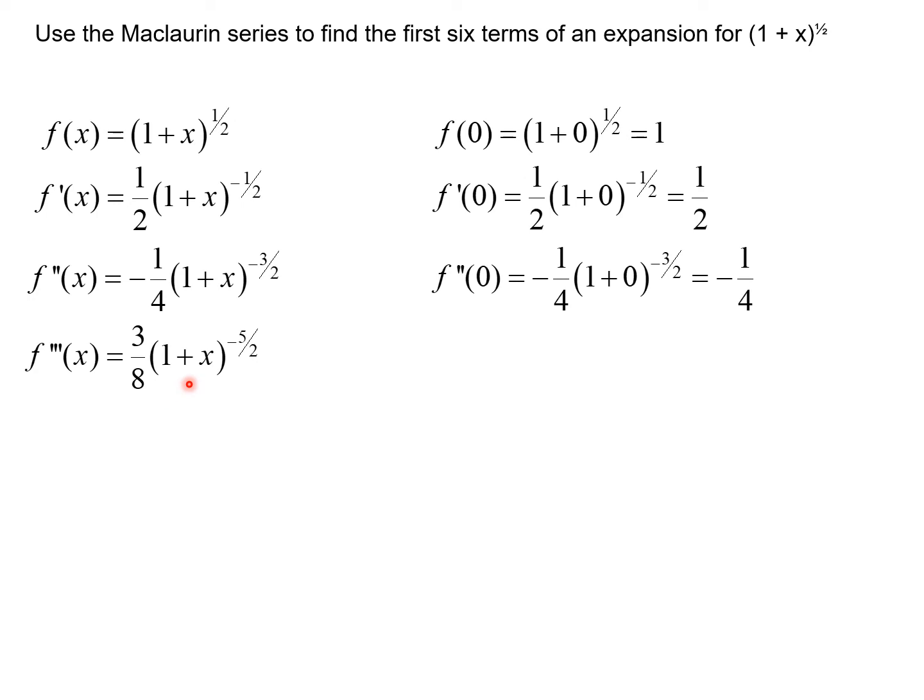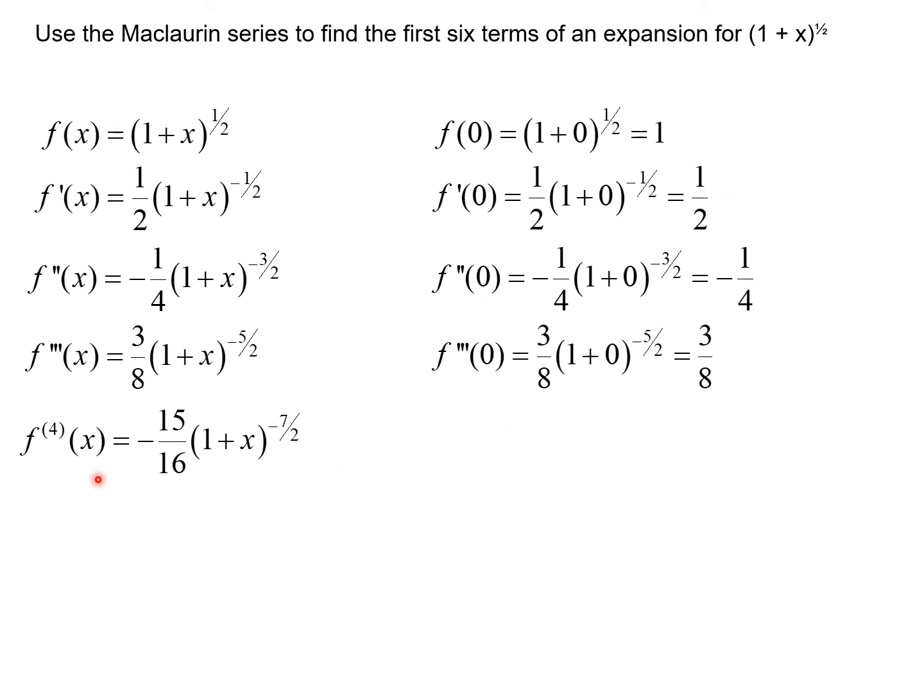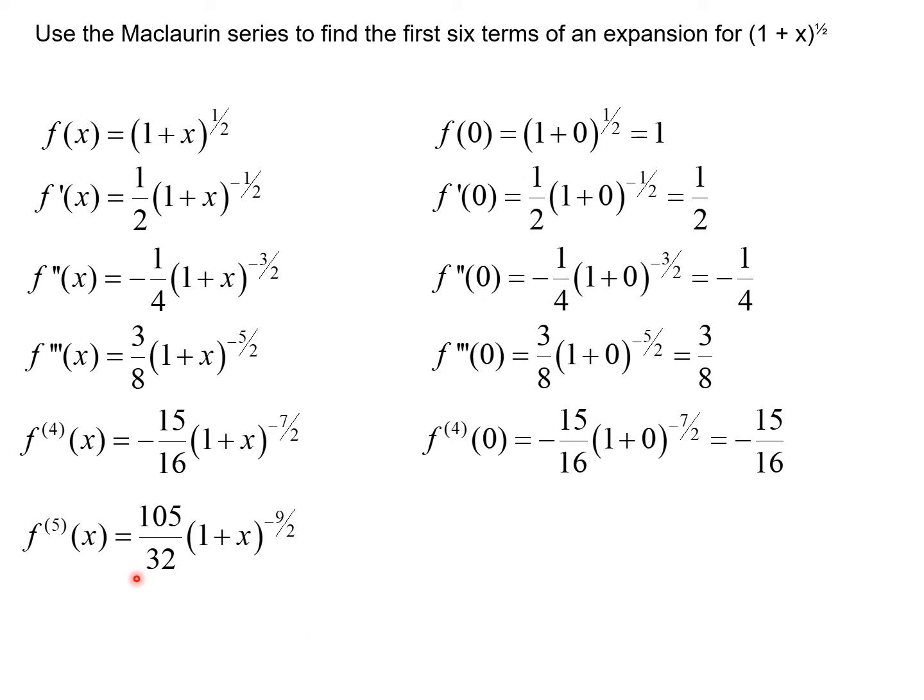You find f triple prime, and then find the value of f triple prime 0. And then power 4, substitute x as 0 into f differentiated 4 times. Then move on to 5, because you need 6 terms here. So you already have 6 coefficients, 1, 2, 3, 4, 5, 6. So it's sufficient.